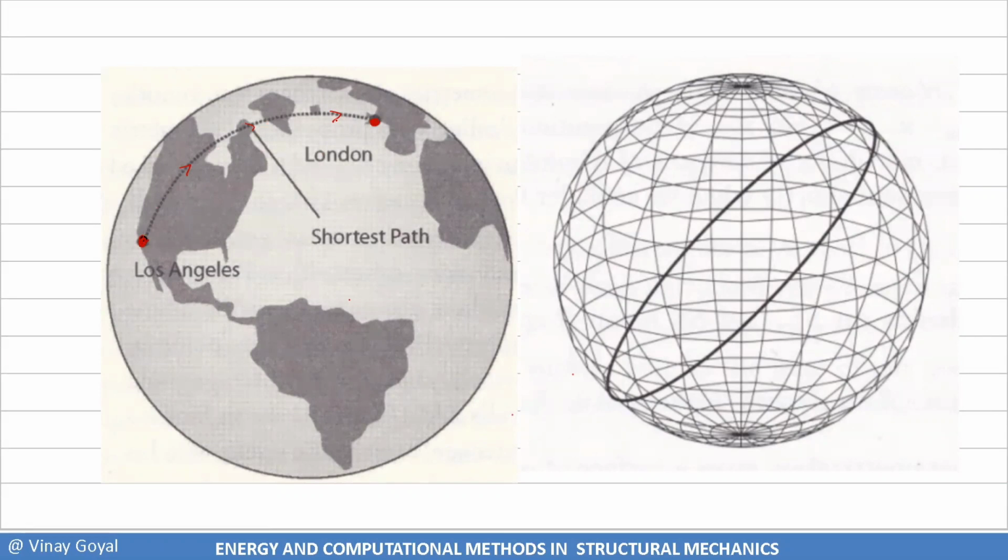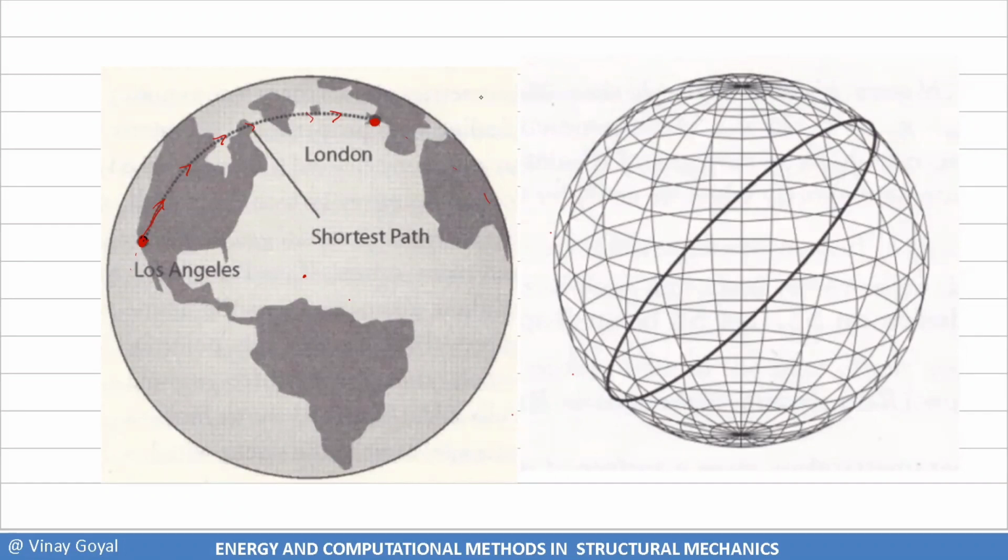When you do this, you will find that the curve that goes from here to here is provided by the great circle, meaning the plane that connects these two cities has to pass through the origin. Wherever that plane intersects the sphere is how you determine the shortest path.